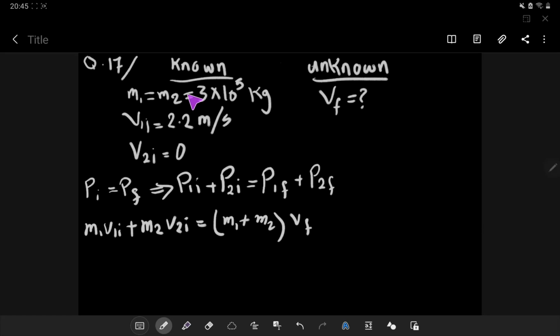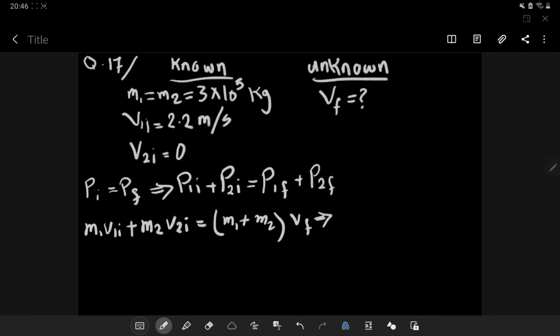In the question, we have a note that m1 equals m2, which is equal to 3 times 10 to the power 5. So that means we have the same mass for the two cars.